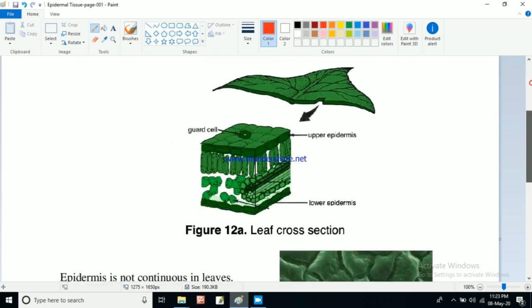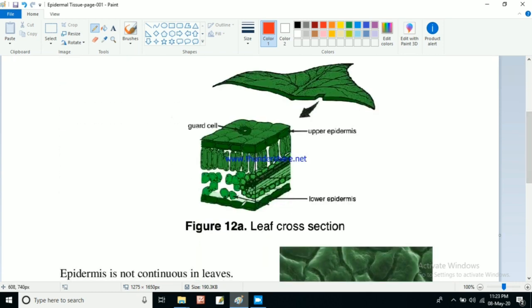If you see the picture here, this is the cross section of a leaf. If we take the leaf like this, this is the cross section. In this cross section, the upper layer is the upper epidermis, and below it another layer is the lower epidermis.